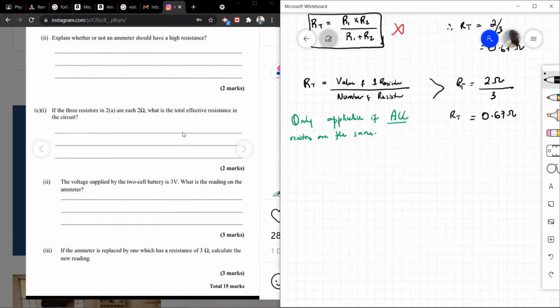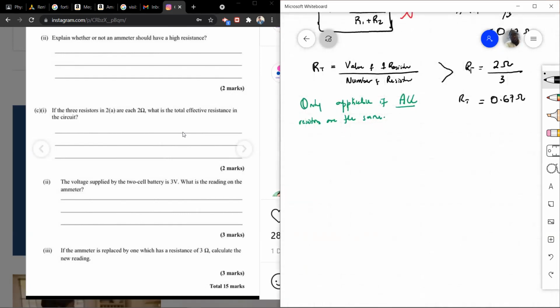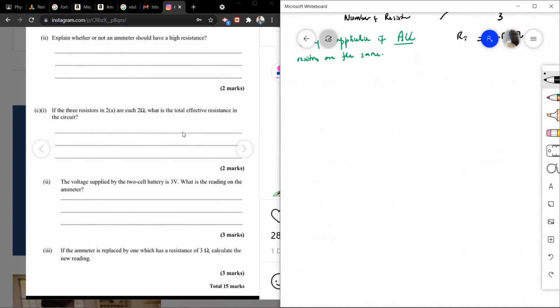We can use Ohm's law to answer this. Let's write down the variables that we have. The voltage is 3 volts. I is what we want to find.